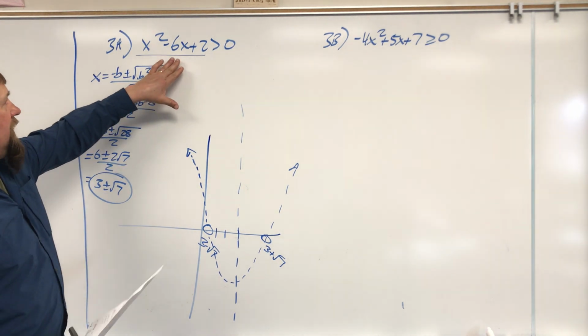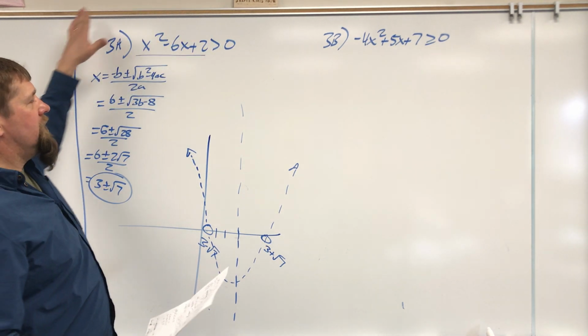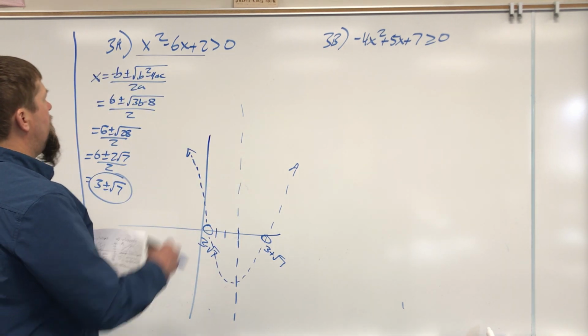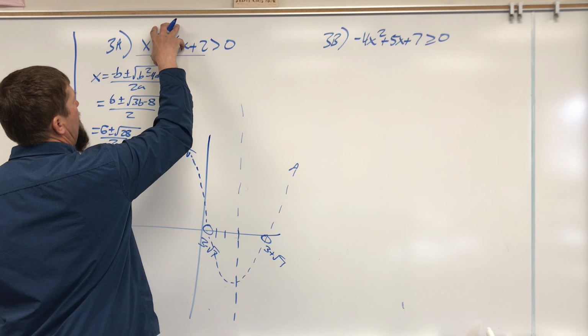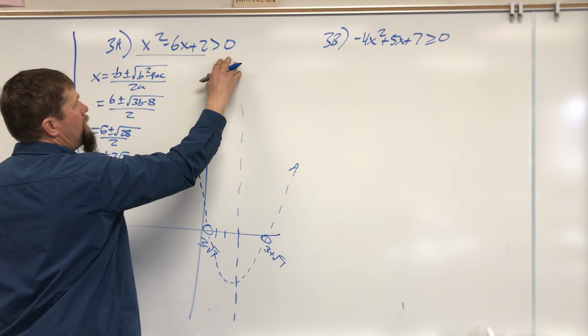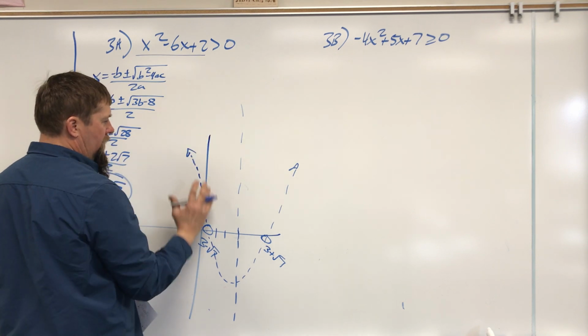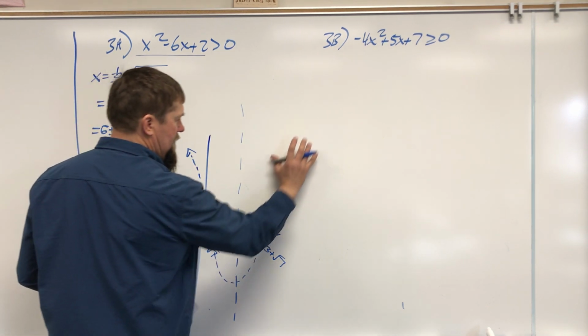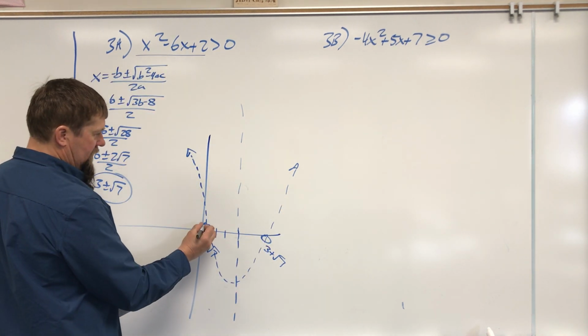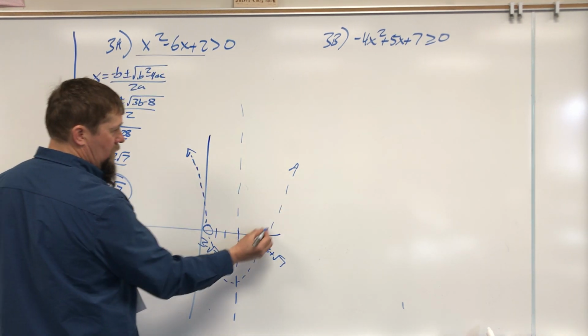Now, this time, I'm not going to worry about moving the 0 over. I'm going to use a little bit different concept here. This is the parabola. Where is that greater than 0? Where is that above 0? Well, the graph above 0 is on the outsides of those two, because these parts are above 0.